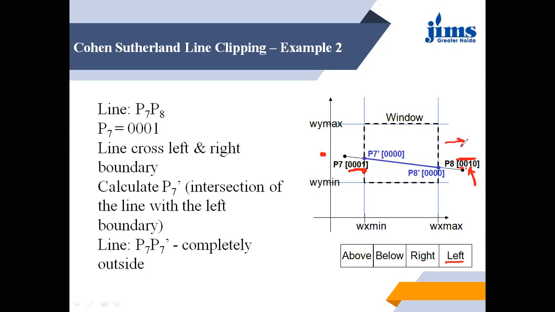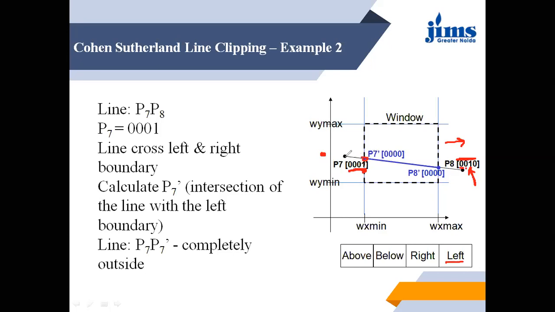So when we have to find out the intersection point of P7 with the window, we can call it P7 dash.